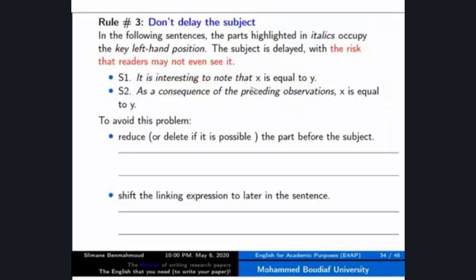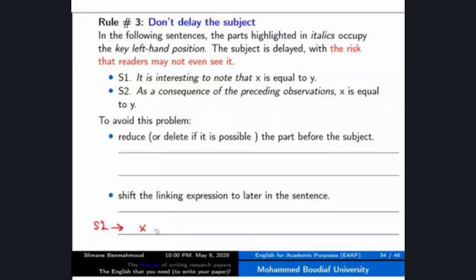Or we shift the linking expression to later in the sentence. So for sentence number 2, we can write it this way.